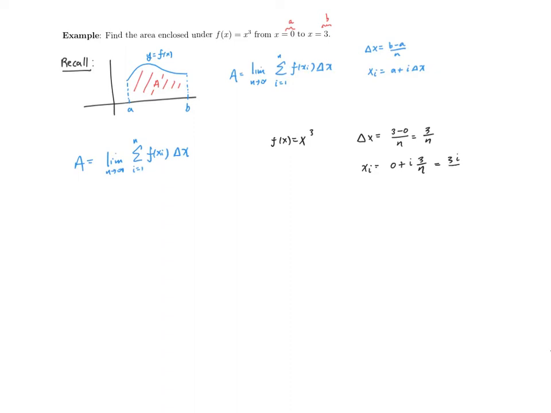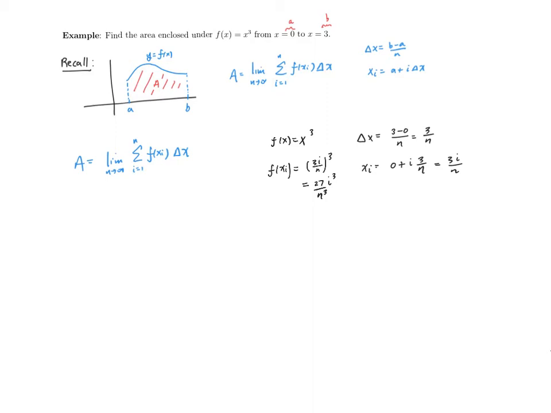So I'll say 3i over n. And furthermore, we can calculate to the side f of x sub i, which we need in our sum, is going to be 3i over n cubed, which we can certainly write as 27 i cubed over n cubed.